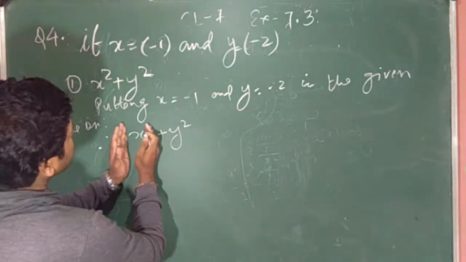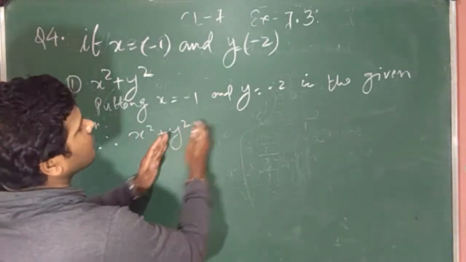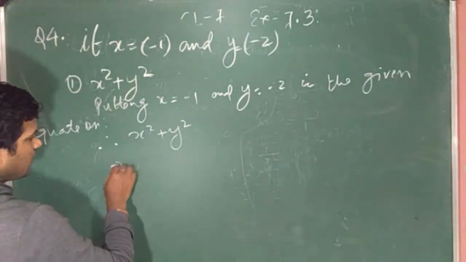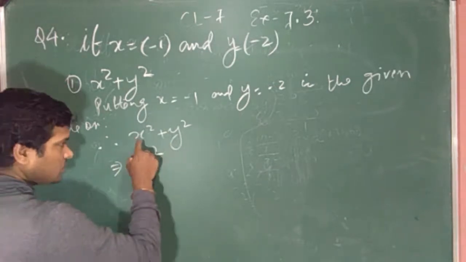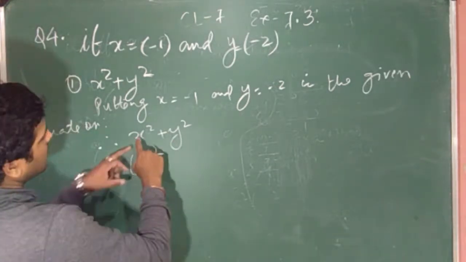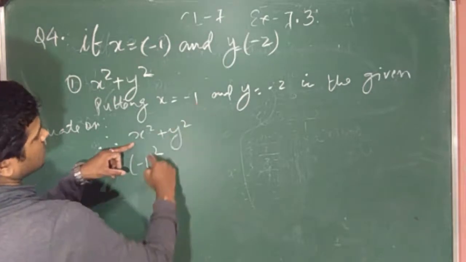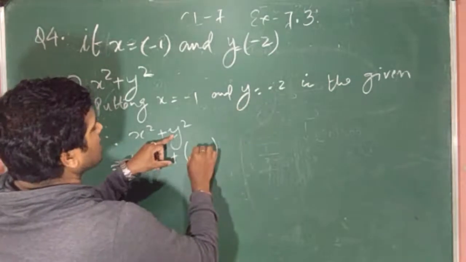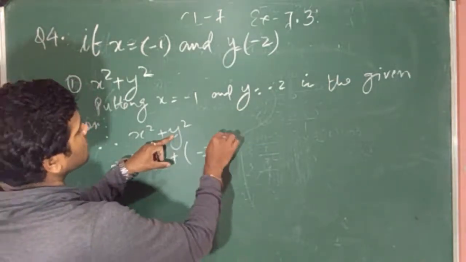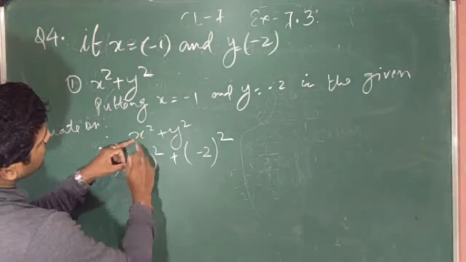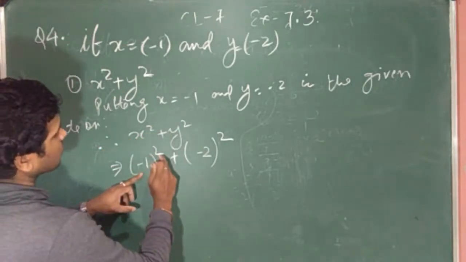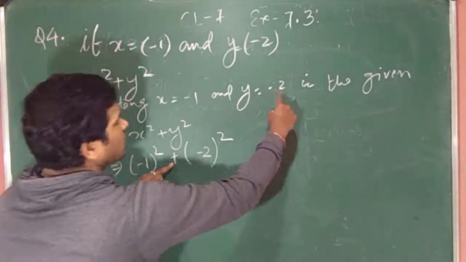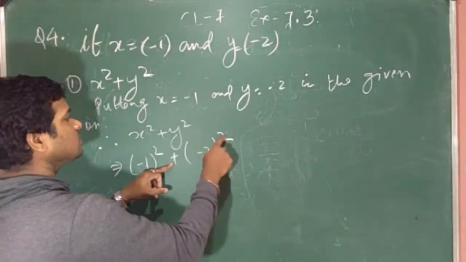In place of x we are going to write -1 and in place of y we are going to write -2. So x square, x is -1, so -1, square. Plus y, y is -2, so -2, square.